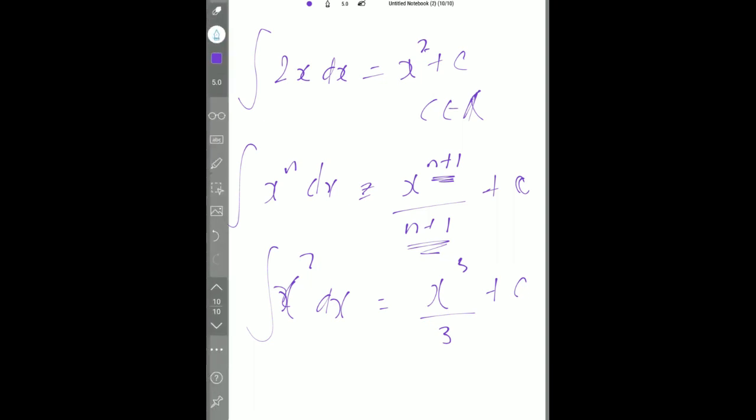So let's look at another one. Let's say that we want to integrate a constant. Let's say that constant is a, and we're integrating it with respect to x. Remember, a would be equal to a times x to the 0. And we're integrating that with respect to x.